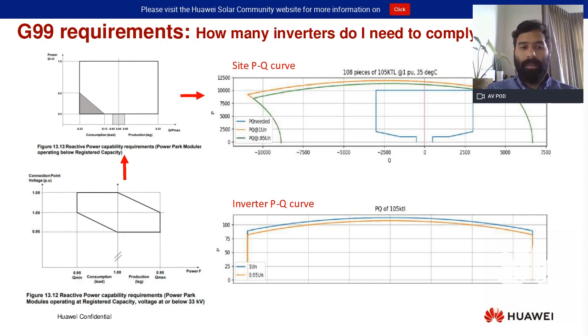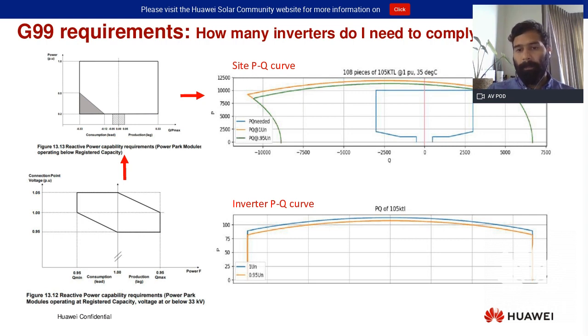In the G99 requirements, you need to be able to do this, for example, at 0.95 per unit voltage, and you also need to be able to provide a 0.95 power factor while operating at registered capacity if the conditions are given. So you need to make sure that your capability curve is always above these requirements, while taking into consideration at the same time the contribution of components like transformers and cables.